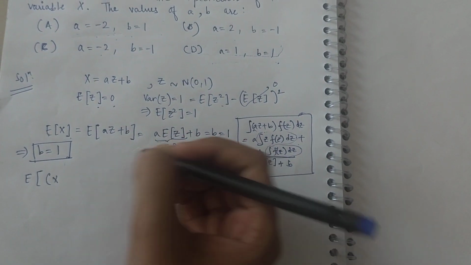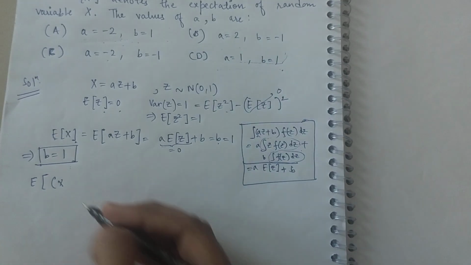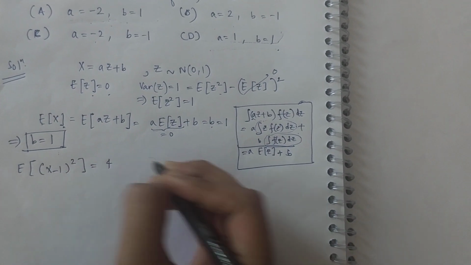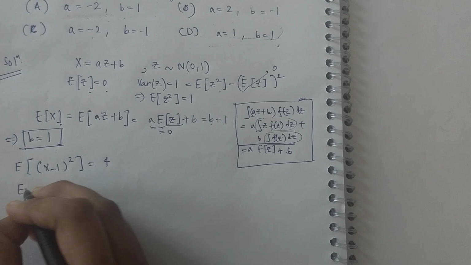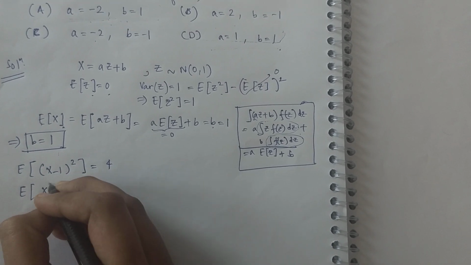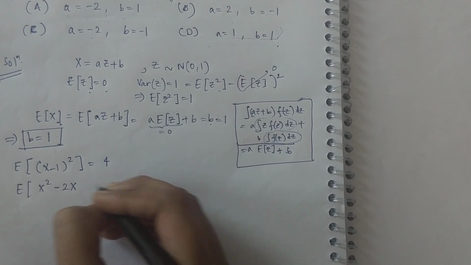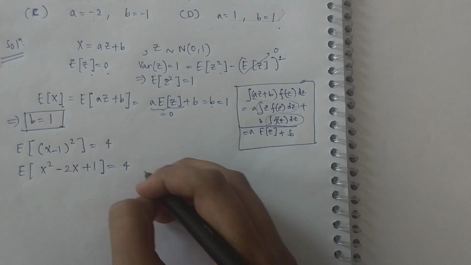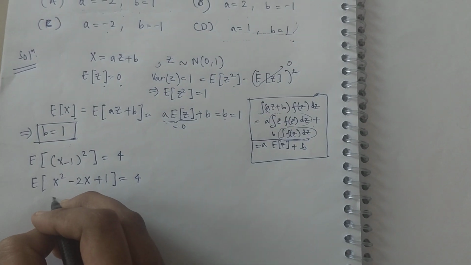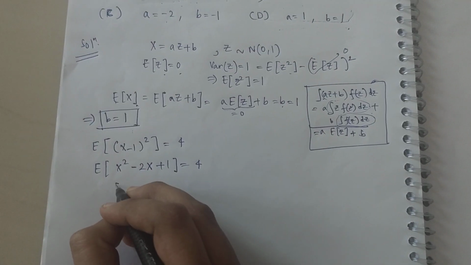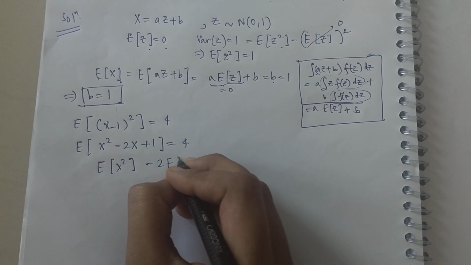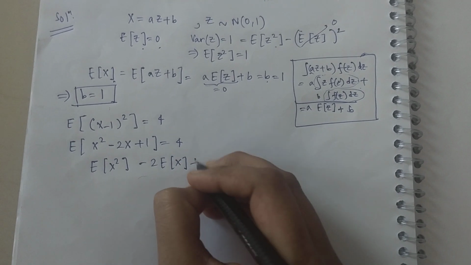Since we know that expectation of x is 1, due to this first equation, we can write it like this. We can just open this square, a very simple basic identity, and write it as expectation of x square minus 2 times expectation of x plus 1.